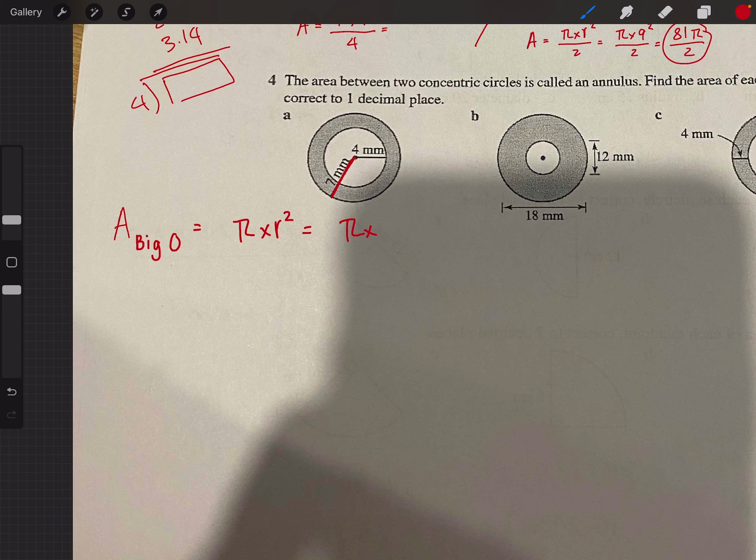It's 7. 7 squared equals 49, so that's 49 pi. Now the area of the small circle is equal to pi times radius squared, which equals pi times, what's the radius of the small circle? We know it's 4, so therefore 4 squared. 4 squared is 16, so that's 16 times pi, or we can say 16 pi.